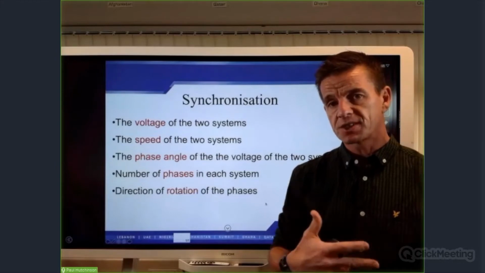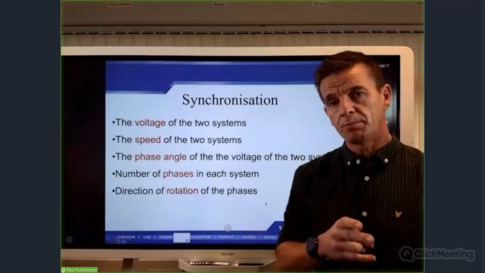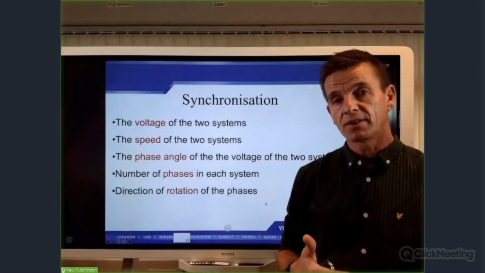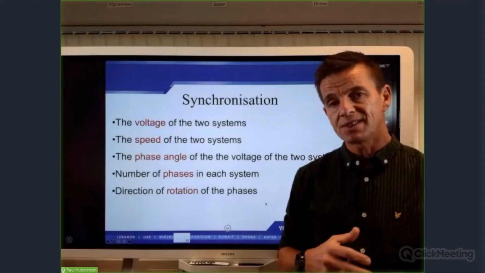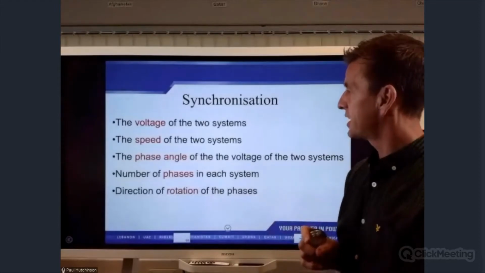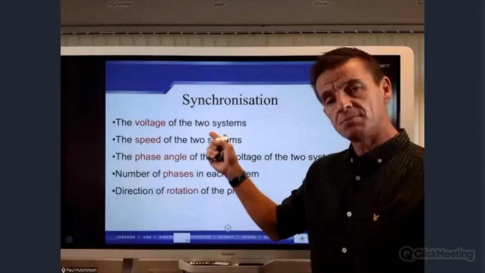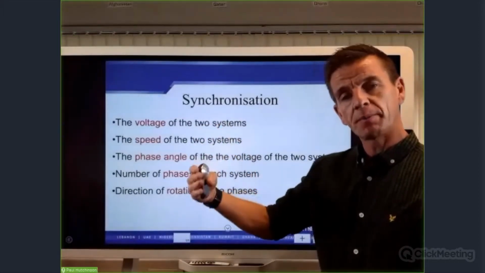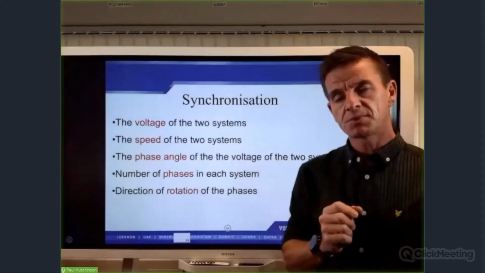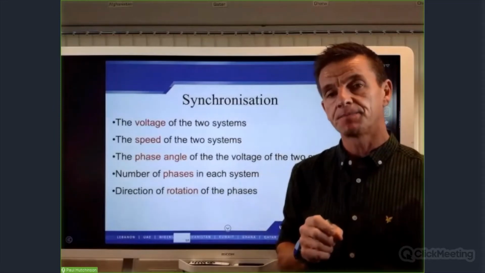Okay, and remember, for successful synchronization, it is very important that the voltage on all sets that you're synchronizing together is exactly the same. So, as we said, for successful synchronization, the voltage of the systems, I know this says 2, but remember we can have multiple systems, right? So the voltage of the two systems, or all of them, must be exactly the same.